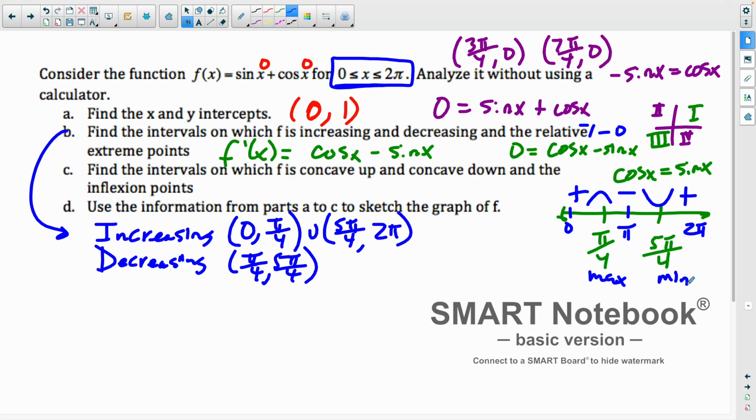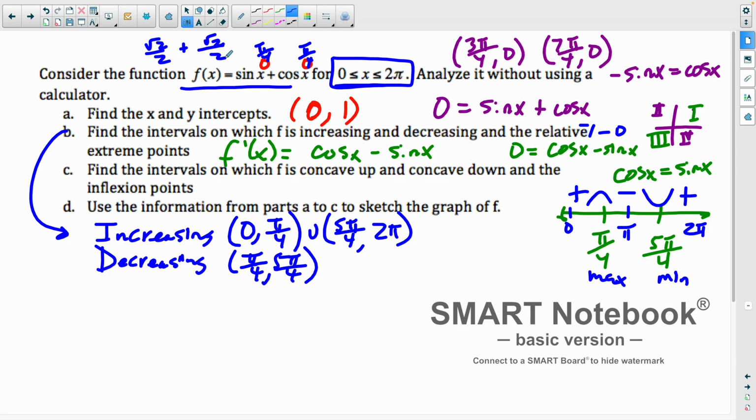But what I'd like to do though is go find that actual point. So if I'm looking for points, I'm going to take the pi over 4, I'm going to take the 5 pi over 4, and I'm going to go all the way back to the original problem. So I'm going to plug in a pi over 4 here, and a pi over 4 there. So sine of pi over 4, put my 45 finger down, the sine is square root of 2 over 2, and the cosine is square root of 2 over 2.